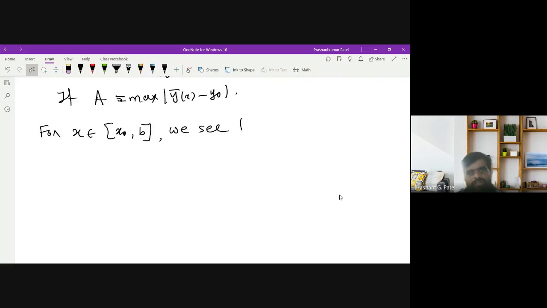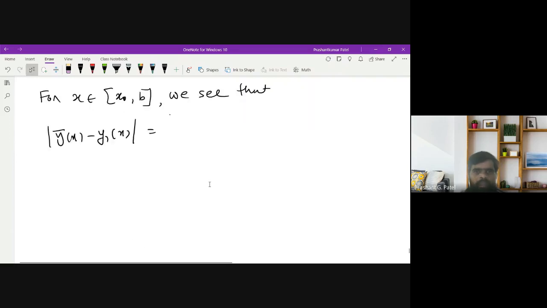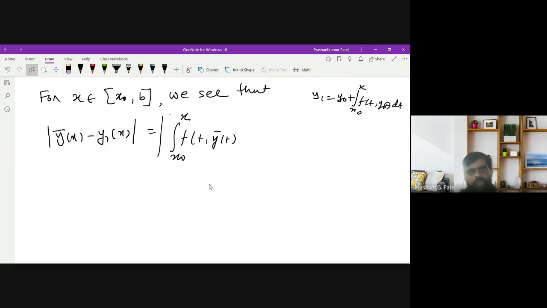we see what y bar of x minus y1 of x is. As per the argument, y bar of x is this, and we know that y1 of x is y0 plus the integral from x0 to x of f of t comma y0 of t dt. So this is the integral from x0 to x of f of t comma y bar of t minus f of t comma y0 of t dt.